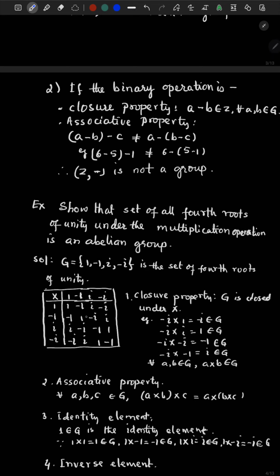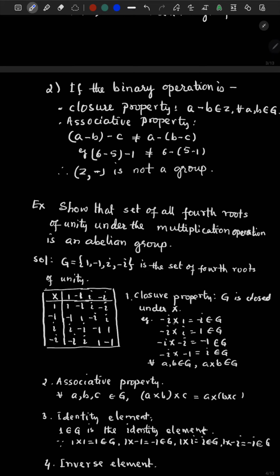So like this the table is constructed. Now we will check whether the closure property is true or not, whether G is closed under multiplication. So if you choose randomly any two elements from G and multiply them, again it should be in this set. Then we say closure property is true.